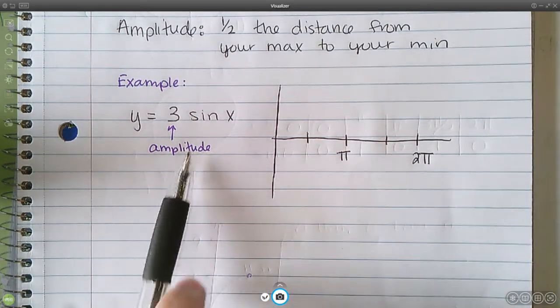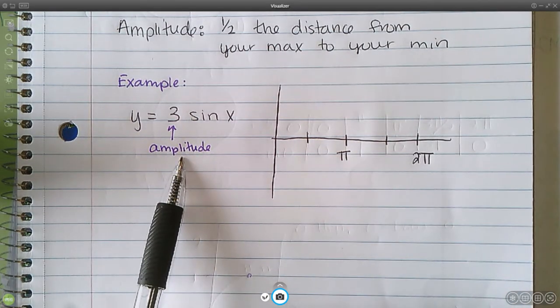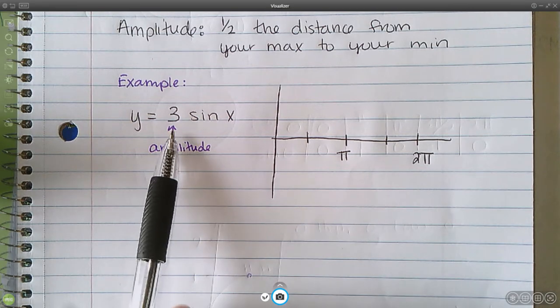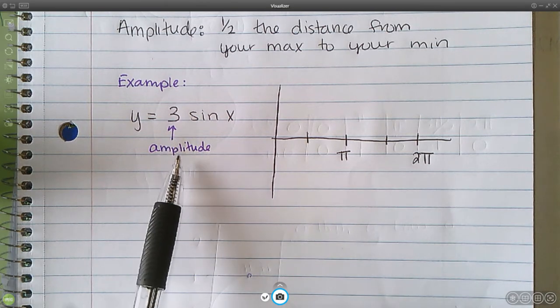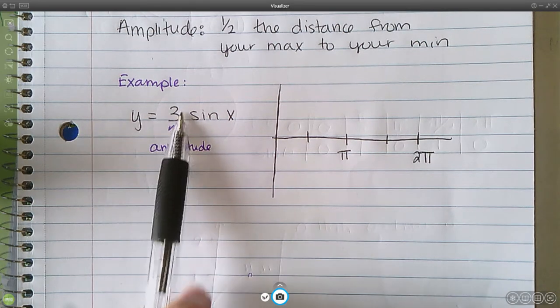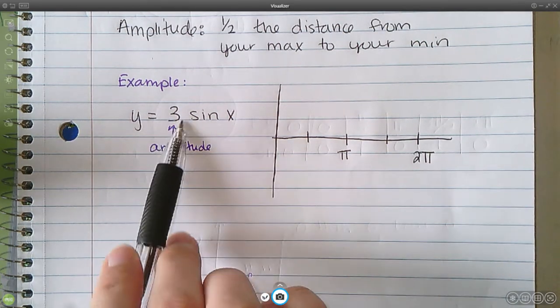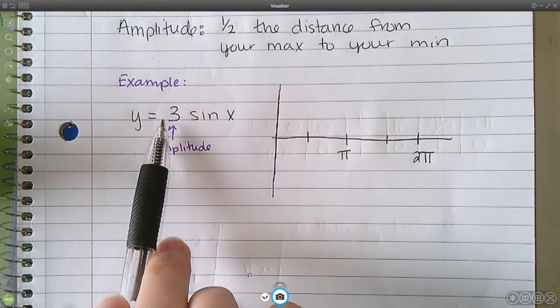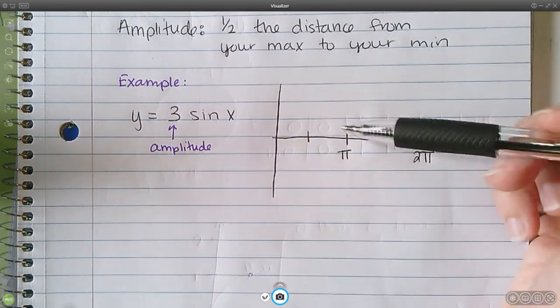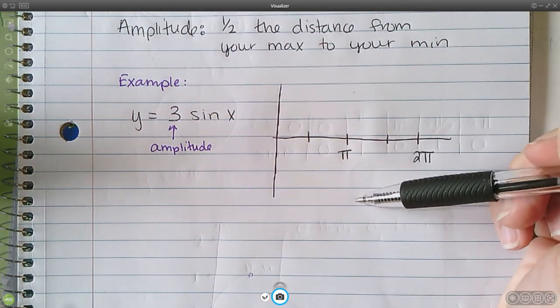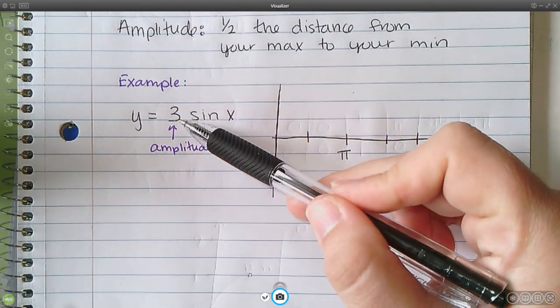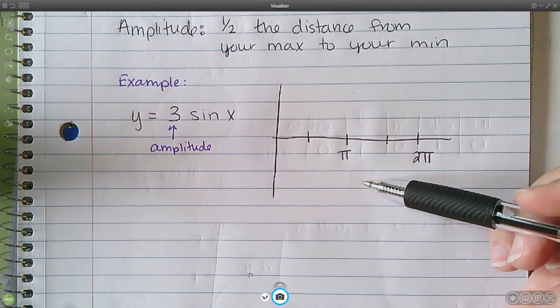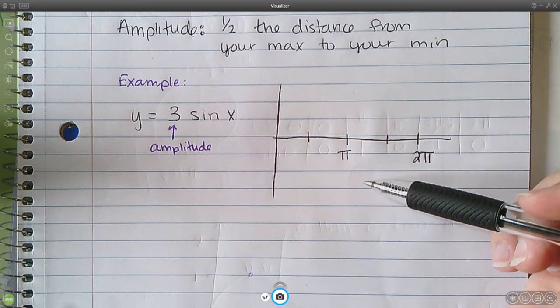Okay, so now our amplitude, let me re-say that. Okay, so this number, if you double it, that's the distance from your highest to your lowest point. So if I double this, what's the distance from the highest to the lowest point? Well, that's going to be 6.